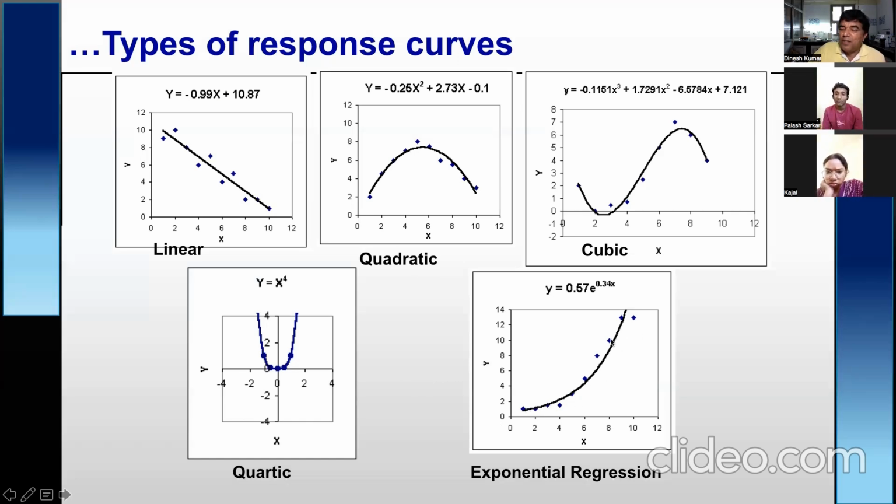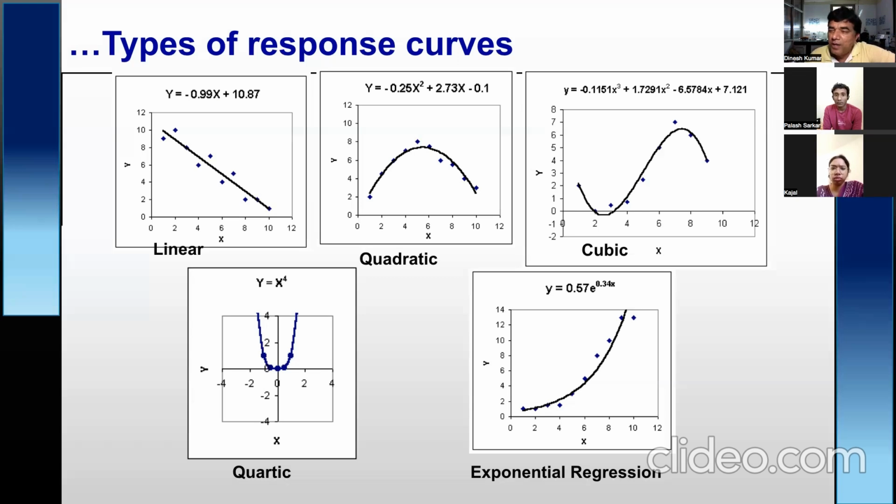Exponential equation, you know, e power x or something like that. Those are exponential equations, and the regression is exponential regression. Actually, there are two kinds of equations: one is polynomial equation, the other is exponential equation. In algebra, there are basically two kinds of equations. Equations mean relations between different variables.